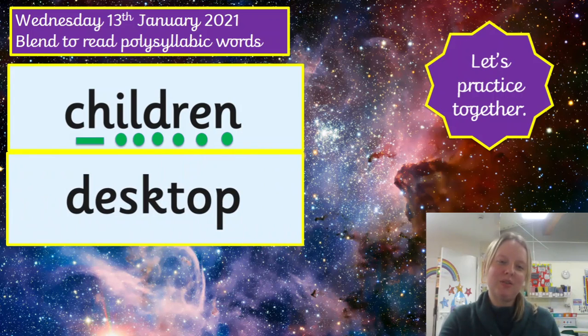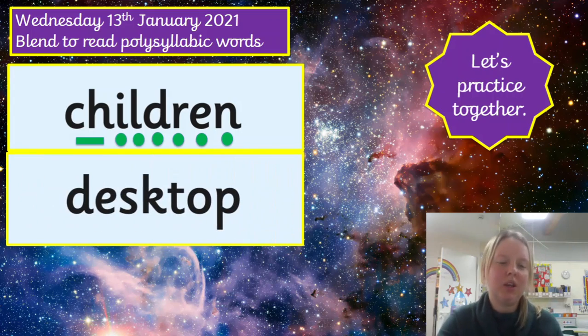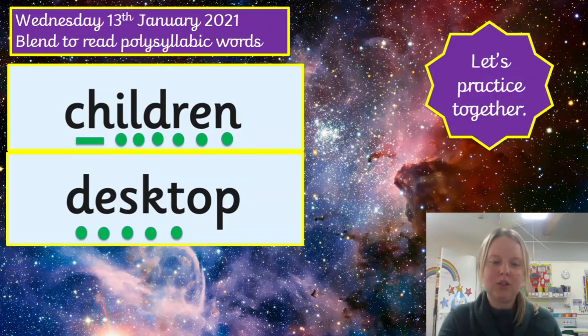Next word. Oh, shall we clap how many syllables children has first? So children, ready? Children. How many syllables did you hear? Two. Good. Ready? Our next word, sounding it out. D, e, s, k, t, o, p.